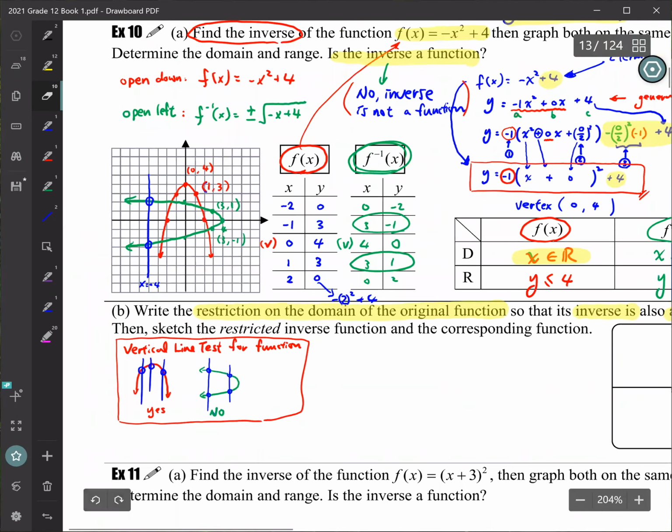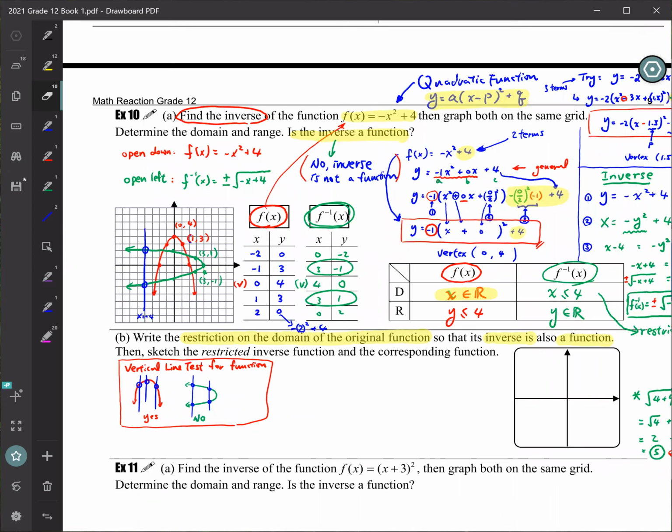Let's say I want to keep the top part, just like Nick said. Let's draw it on the graph here. For the inverse, if I want to keep this part, then where should we keep on the original?